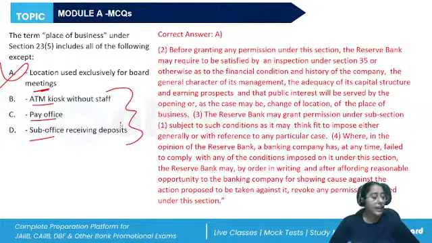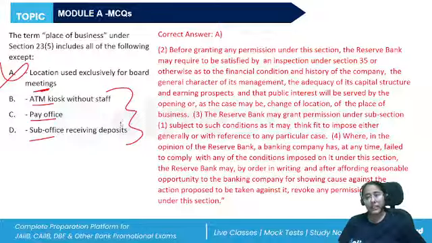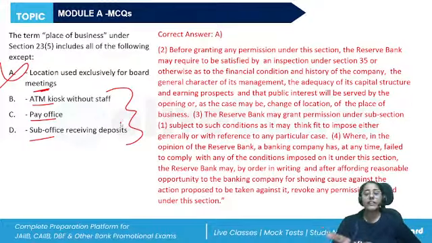And if, in the opinion of RBI, the banking company has failed to comply, then they will refuse the permission and they will give the reason in writing. Obviously, the banking company will be given a right to be heard, to explain their situation. They also have the right to appeal to the central government.